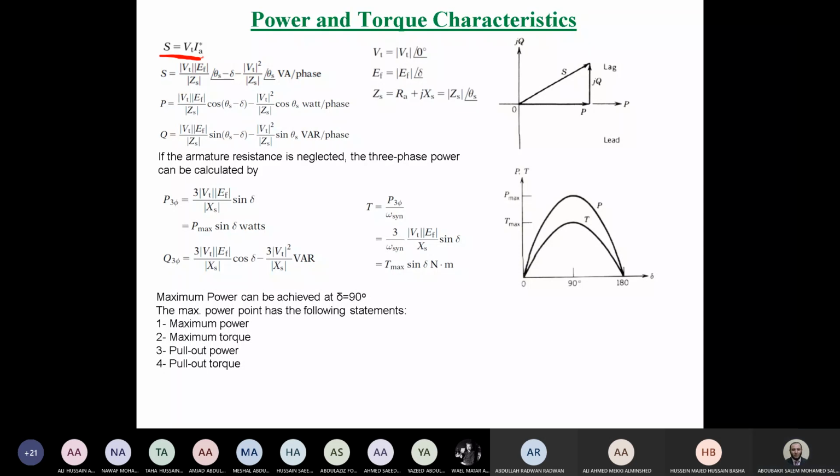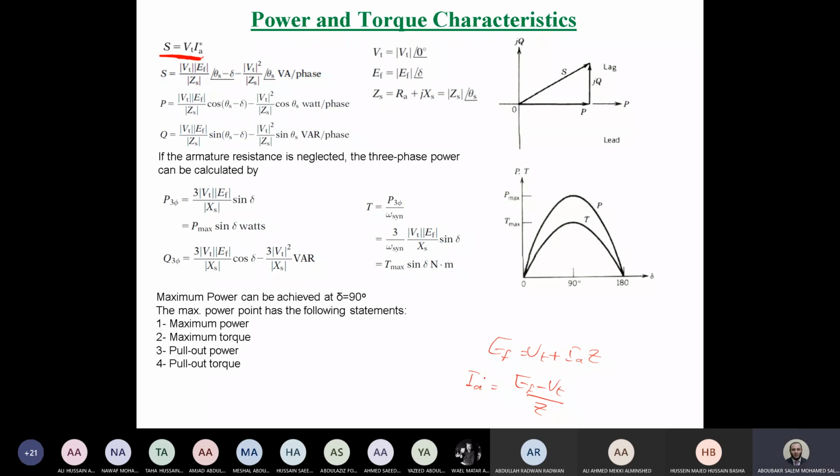From the equation, let's calculate I. Let's assume here EF equals the terminal voltage plus I armature multiplied by Z. So we can say IA equals EF minus V terminal over Z.